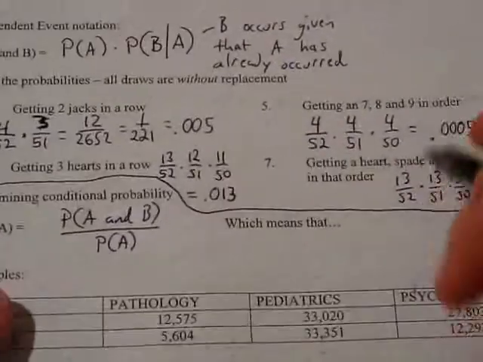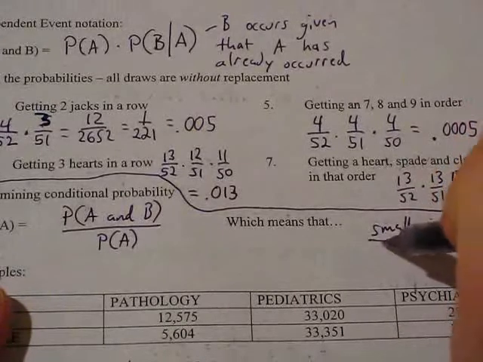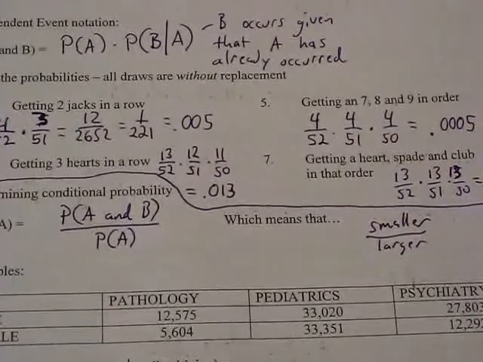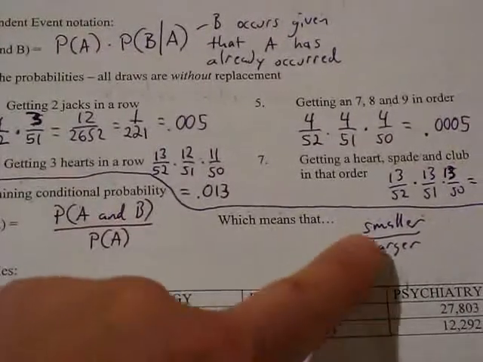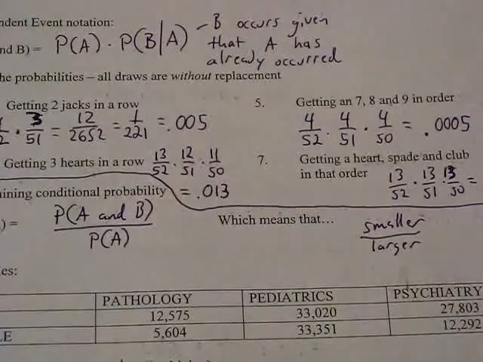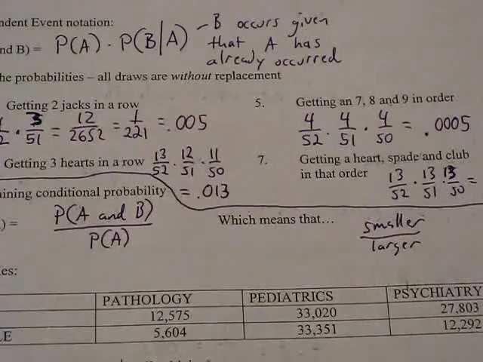Which means that you should have a smaller number in the numerator and a larger number in the denominator. This can get a little tricky. And one of the easiest ways to check your work is to make sure that your numerator is smaller than your denominator. That won't guarantee you'll have the right answer, but you should do a little self-check. You should have the numerator being smaller.